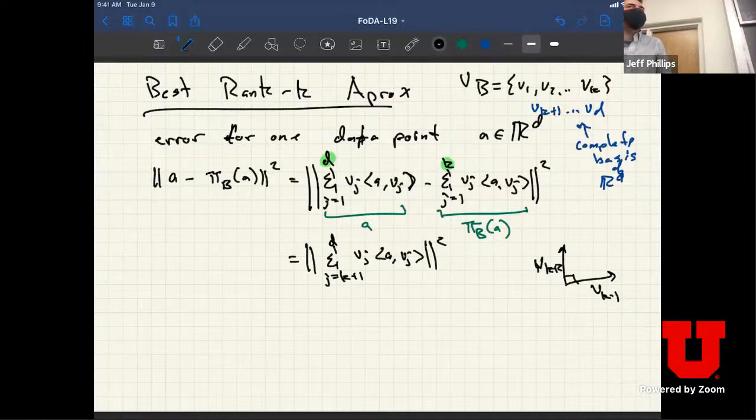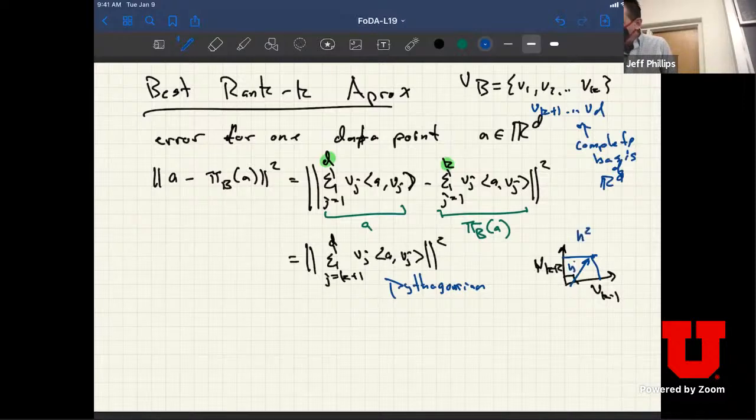So if I'm adding up vectors, I can decompose by the Pythagorean theorem. Remember, the squared hypotenuse is the sum of the squared lengths, right?